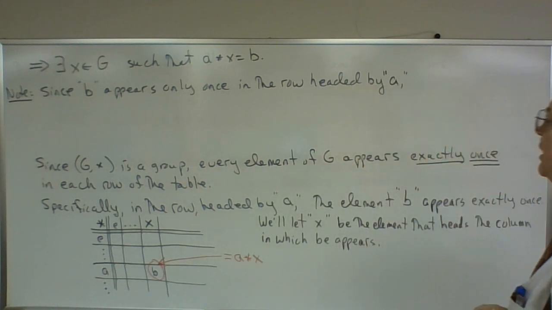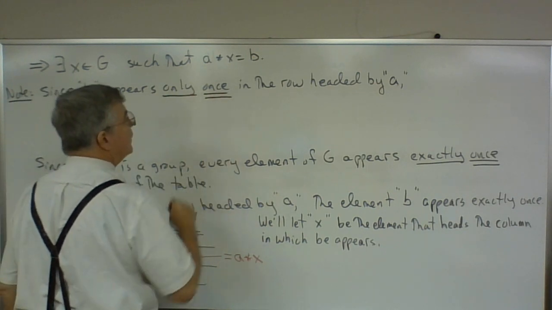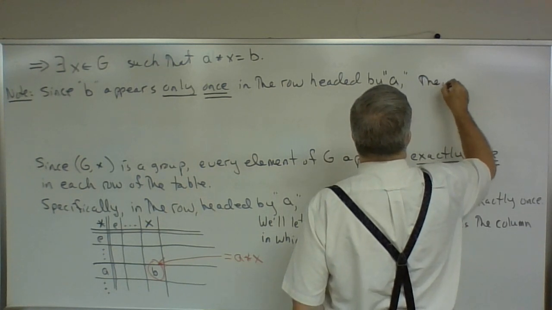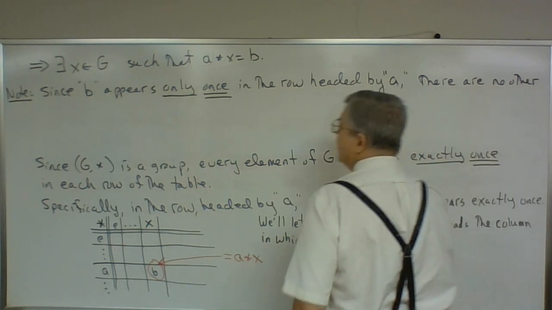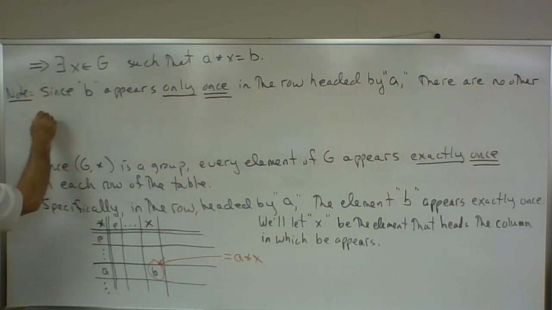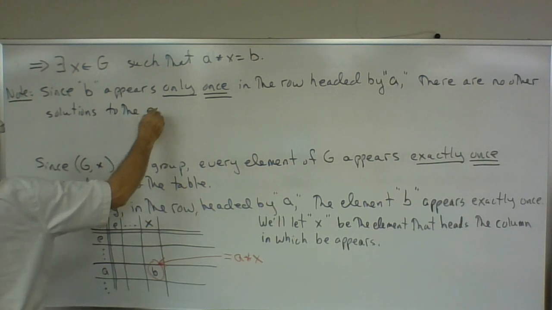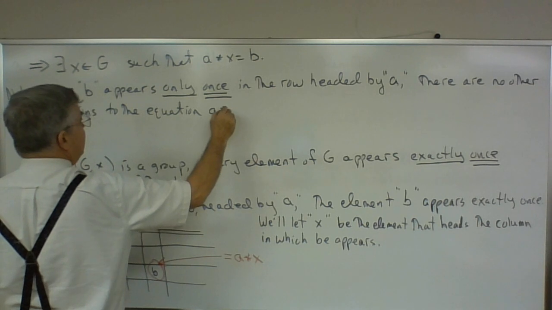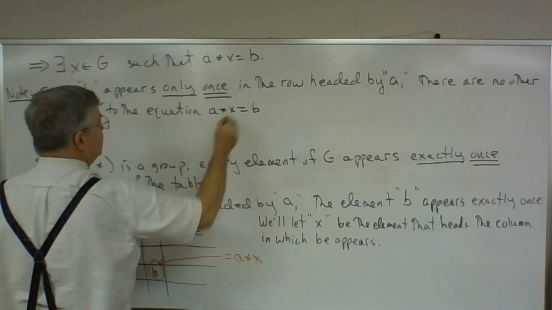Since B appears only once in the row headed by A, there are no other solutions to the equation A star X equals B.